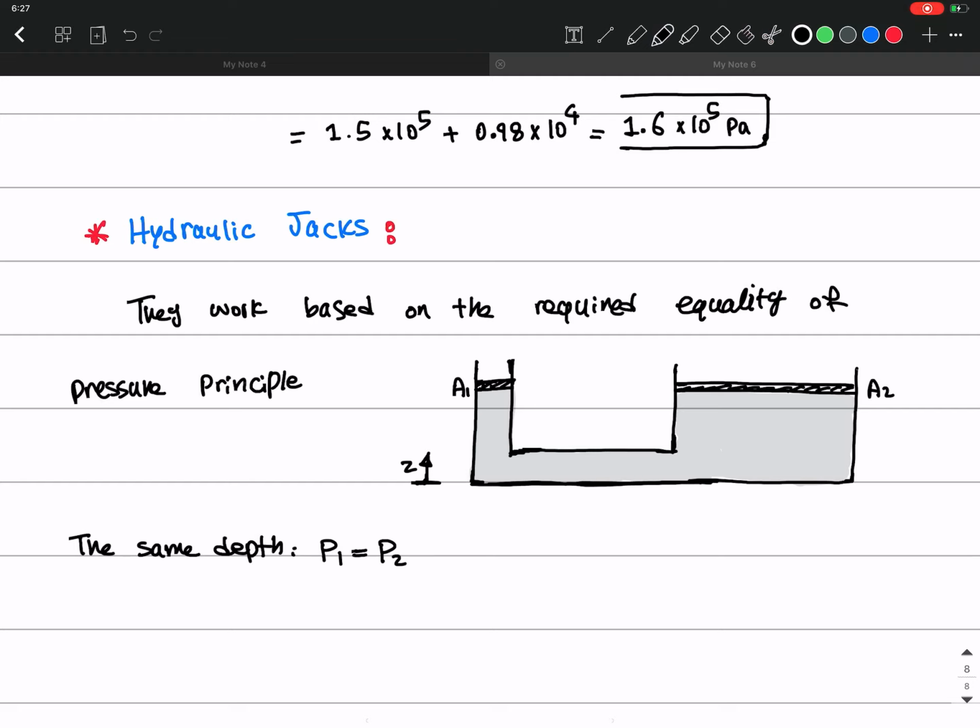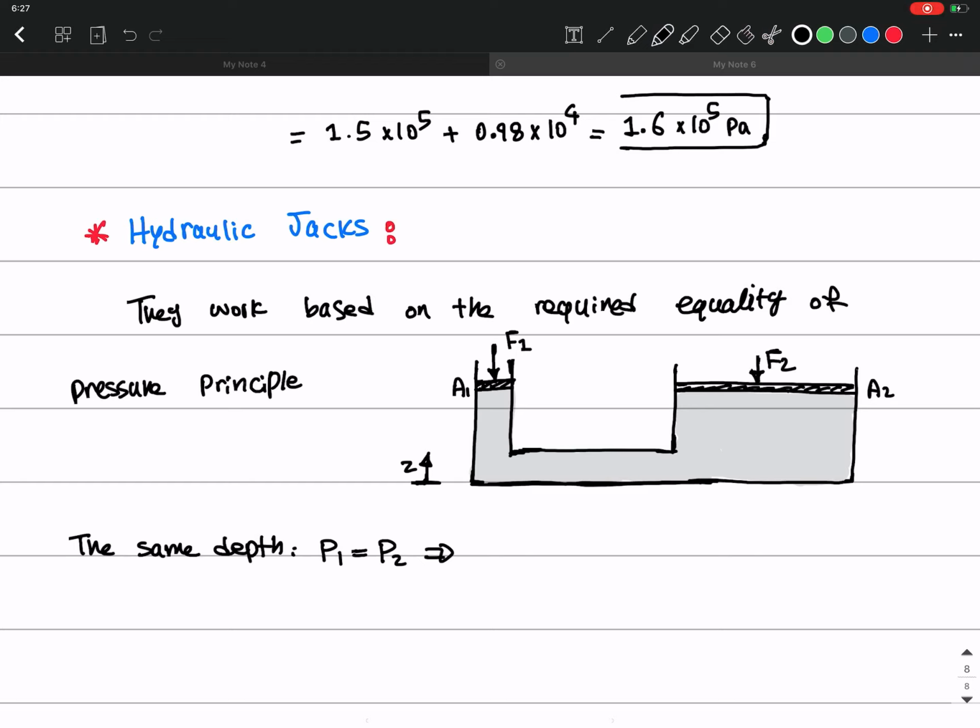So what is the definition of pressure? The definition of pressure is the force over the area. We exert a small force F1, and then we have another force acting on cross-section area 2.